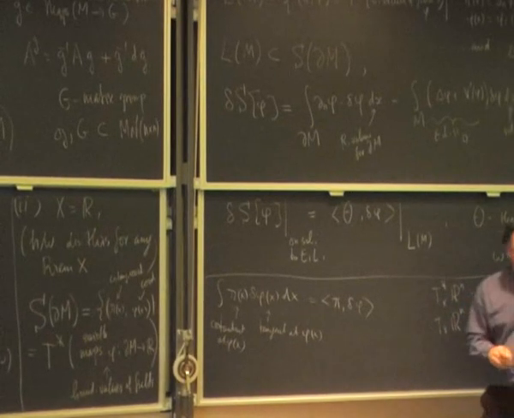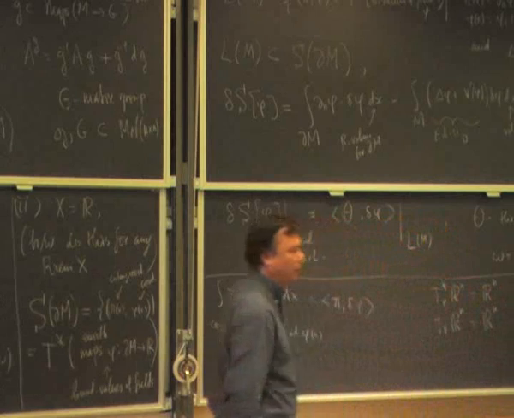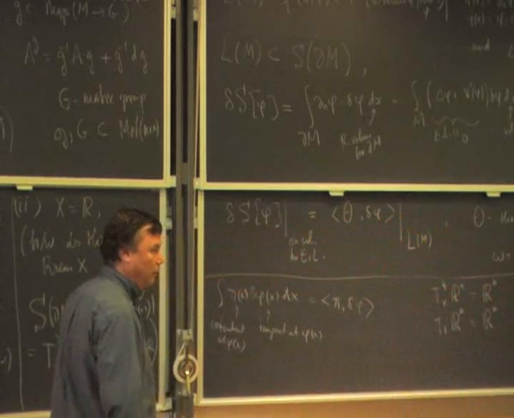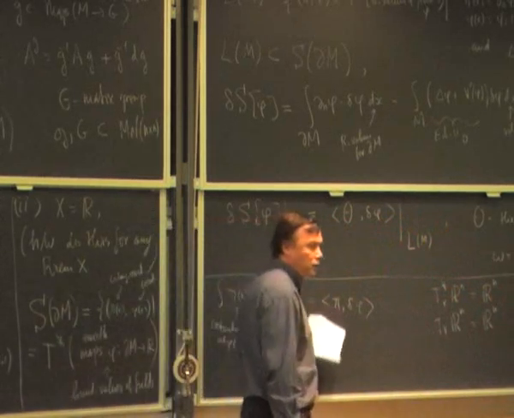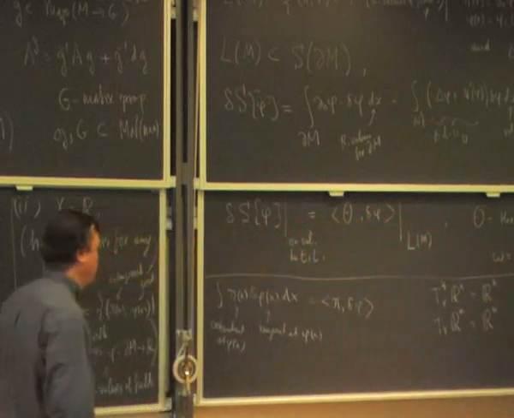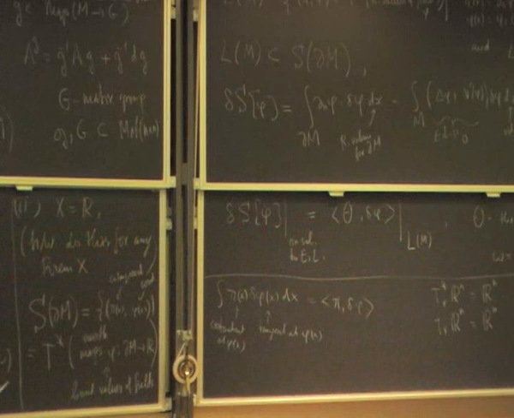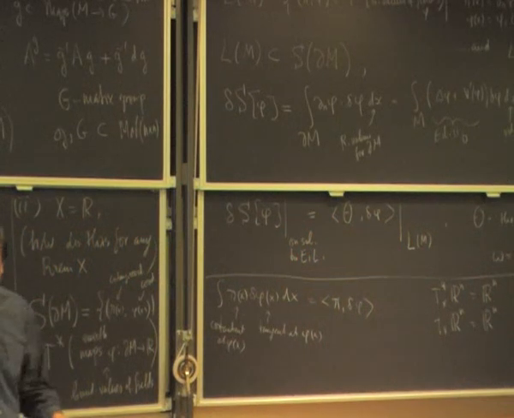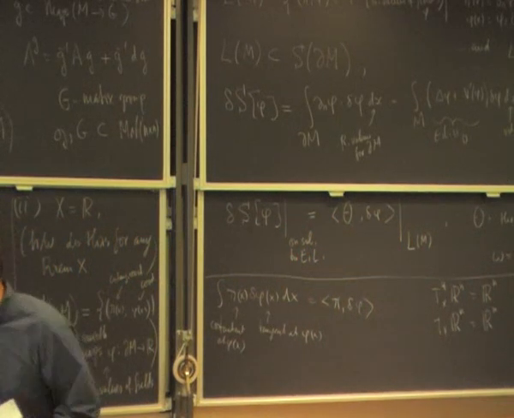So I identify the tangent space with the cotangent space. Yes, exactly. And this pairing is simply the Euclidean scalar product. Okay, but I still need an eraser. It's here.